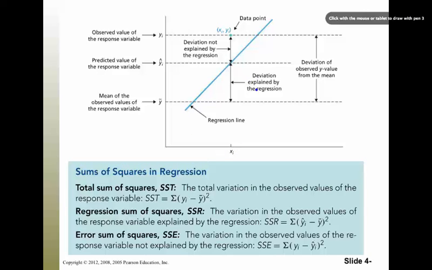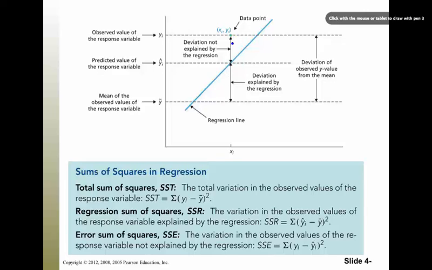So what happens is this amount of distance from the mean to the value of the regression line, that's deviation explained by the regression. Okay, and then the distance from the data point to the regression line, that's like error, right?